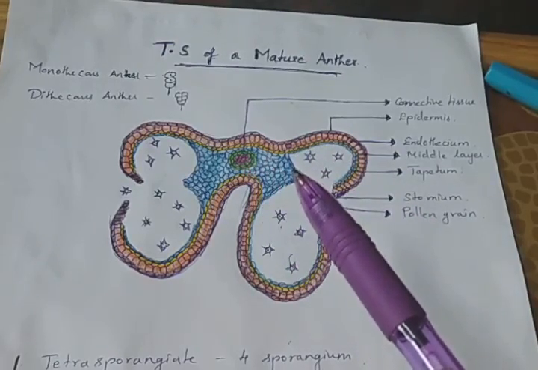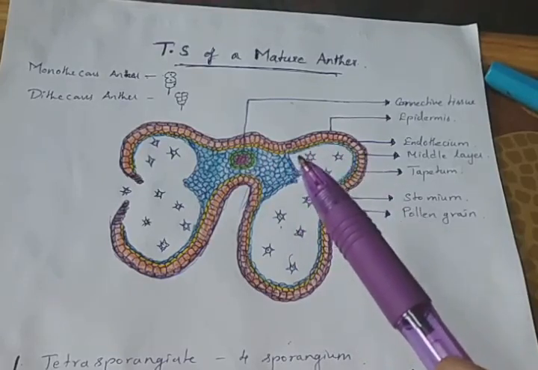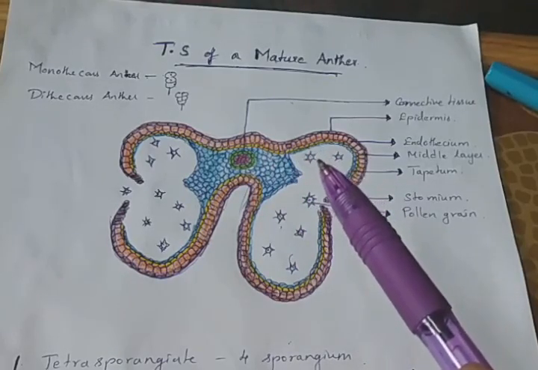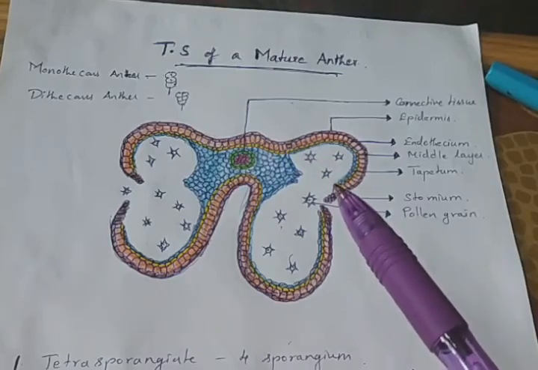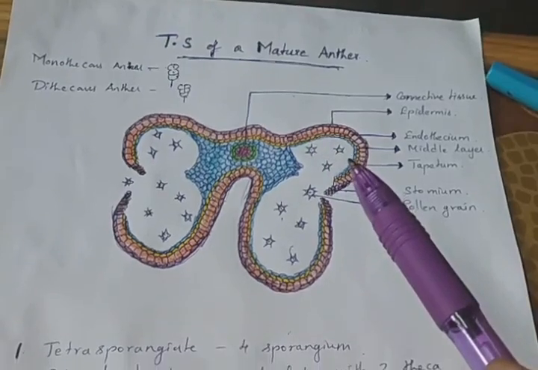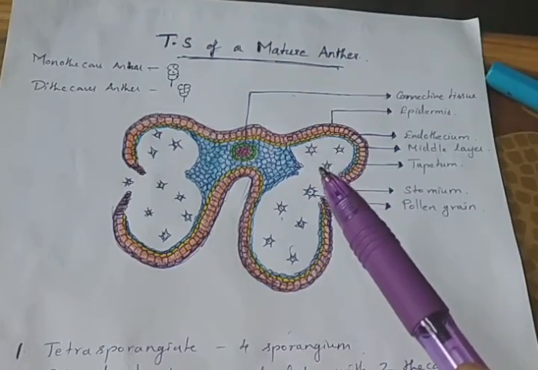The tapetum cells are of two types: secretory tapetum and invasive tapetum. Secretory tapetum cells nourish the sporogenous mother cell and also the microspores.